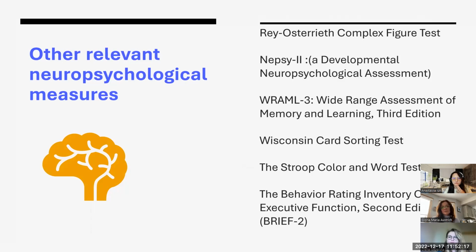The WRAML-3 is a wide range assessment of memory and learning. And again, it looks at auditory memory, it looks at visual memory, and it's a very neat test. And there's another slide where I talk about the areas that are impacted by depression or PTSD. So visual memory, verbal memory is impacted, executive function is impacted, visual spatial skills are impacted.